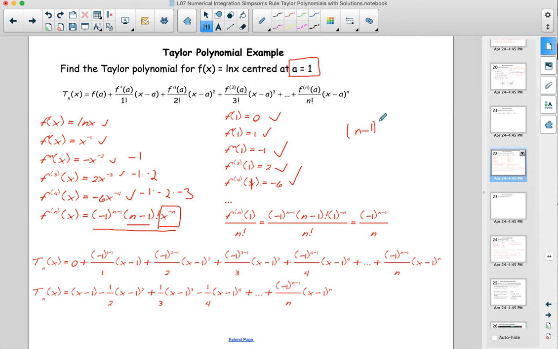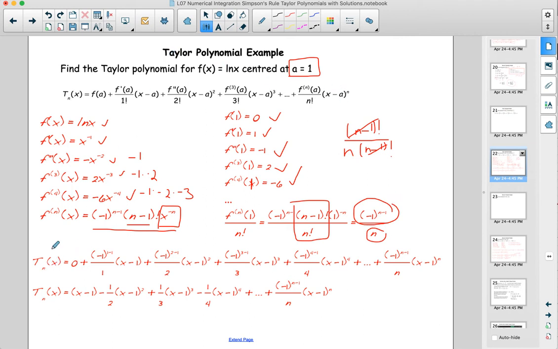I'm going to write it this way: n minus 1 factorial, and then in the denominator, think of that as n times n minus 1 factorial. That's an alternate way of writing n factorial. So the n minus 1 factorials can reduce, and you're just left with an n. So this little bit here gives us an extra n down here. 1 to any exponent is 1, so that's just going to leave me with -1 to the n minus 1 in the numerator.